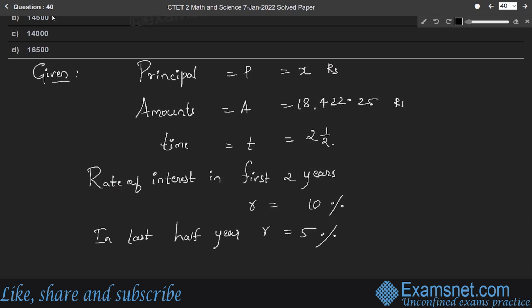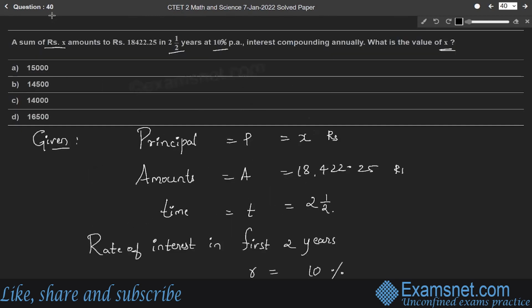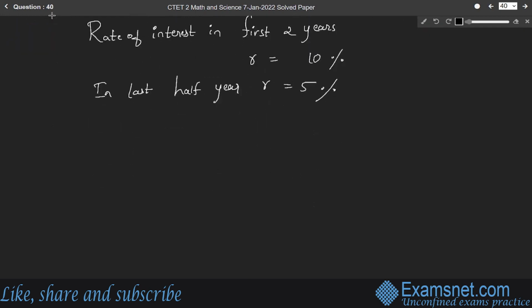Right? So here we have to find the value of x. What is the principal amount? So formula to be used. Formula is amount is equal to principal into 1 plus rate of interest divided by 100 to the power of time. Right?